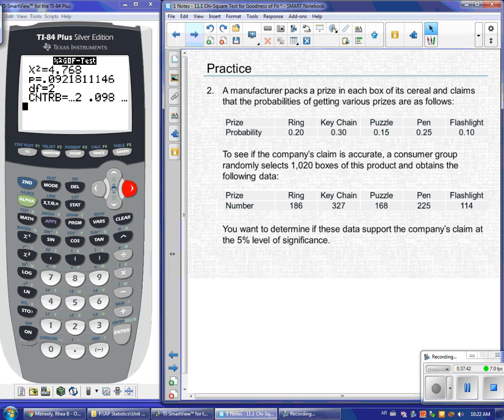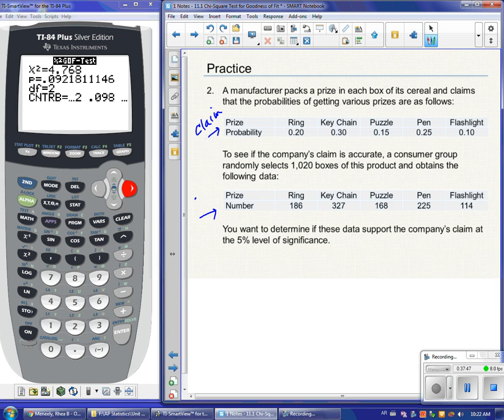This is the claim about the population. These are your observed counts. So these are going to go in your list 1. But in list 2, when you put your expected values in, you need to make sure that you're not entering them as percentages. So you'd have to multiply 0.2 times 1,020 to get the expected number of rings that you would expect to see.